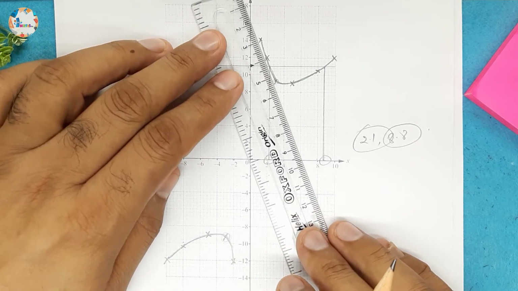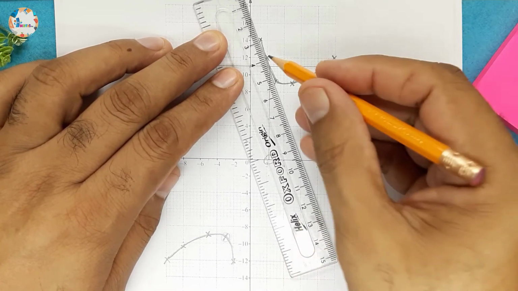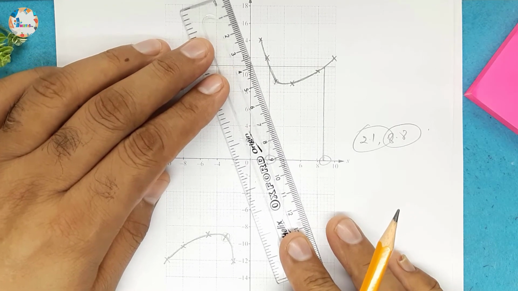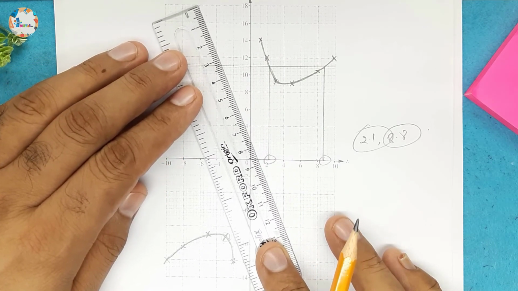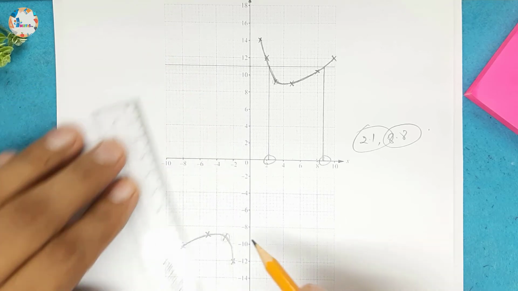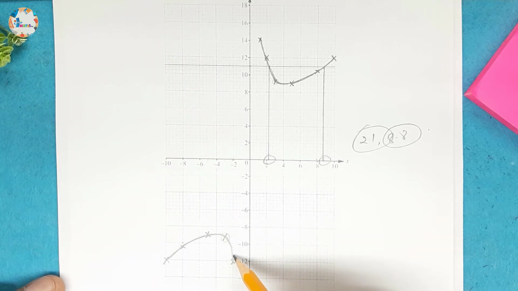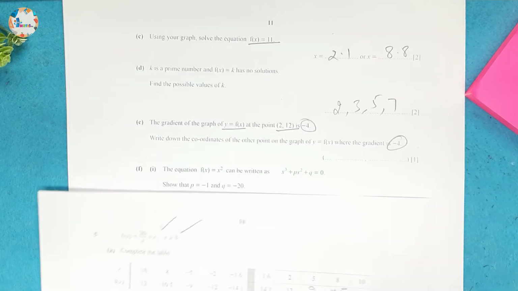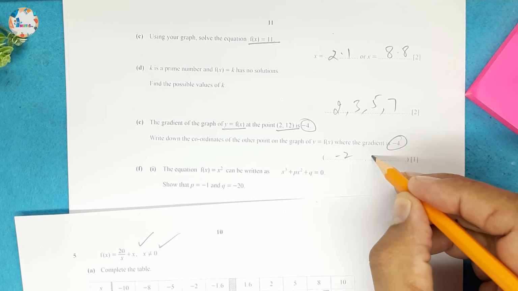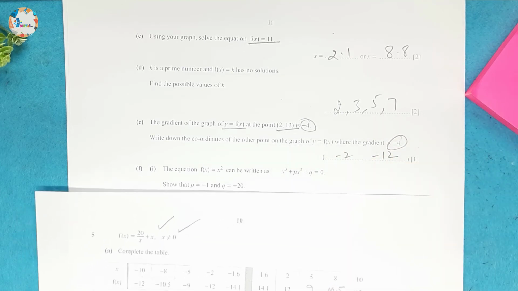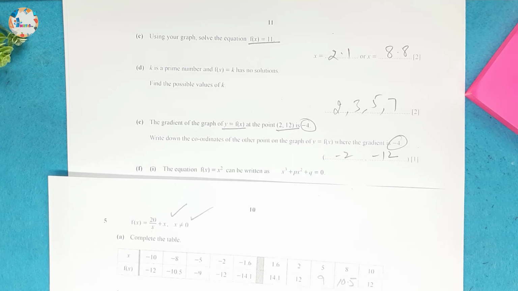The gradient is minus 4 at this point, and if we move the scale similarly, this will be the point having the same gradient, and it will be (minus 2, minus 12). So we'll write here minus 2 and minus 12. No working is required. No need to draw the gradient, but you should try to understand it from the graph.